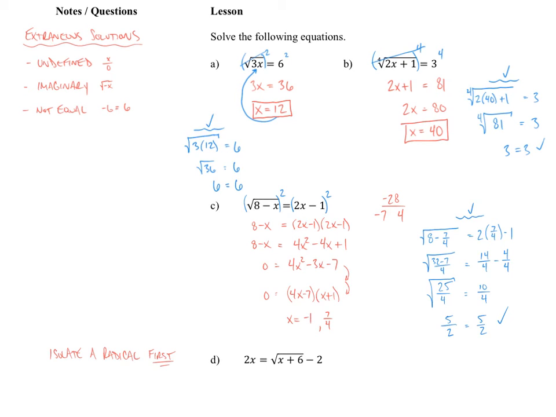Let's check negative 1. Just use this space over here. I have the square root of 8 minus negative 1 equals 2 times negative 1 minus 1. 8 minus negative 1 is 9. And over here I have negative 2 minus 1, which is going to give me negative 3 on the right-hand side.